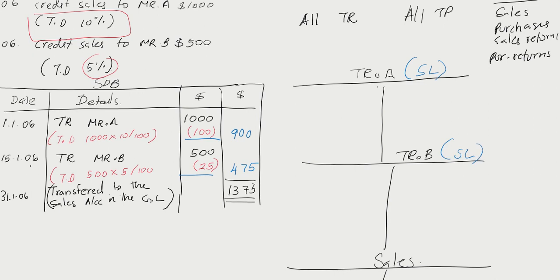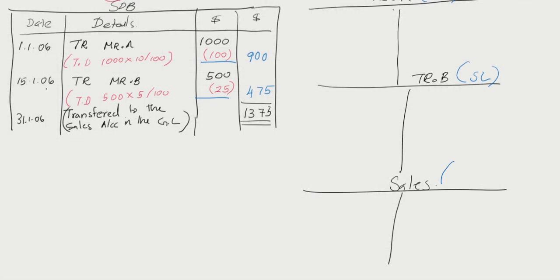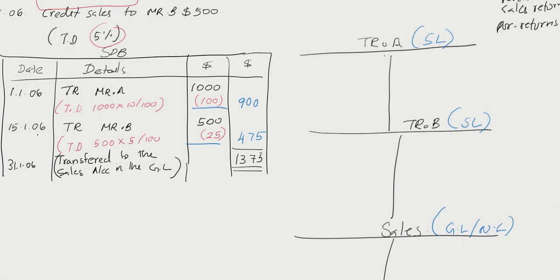TRB belongs to SL ledger, whereas sales belongs to general ledger or nominal ledger. Now you need to know the double entry for credit sales. You debit trade receivable account and you credit sales account.